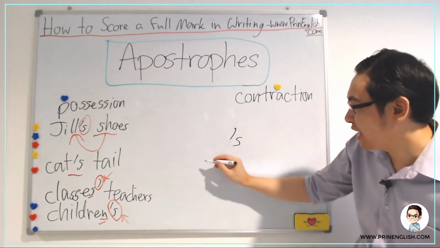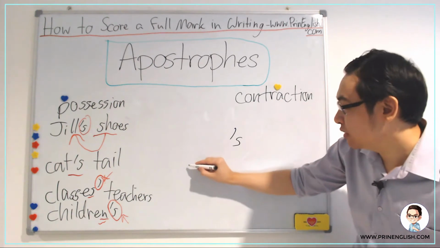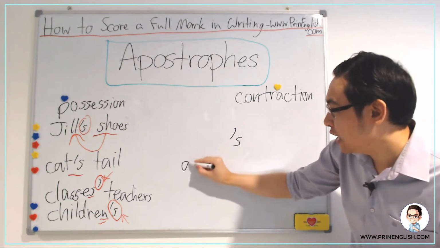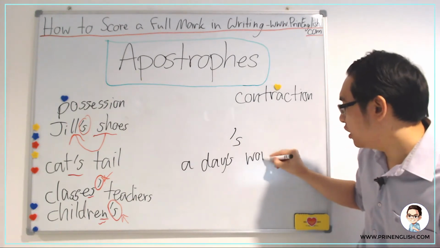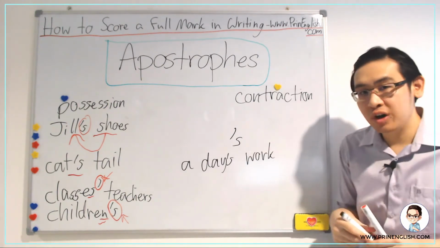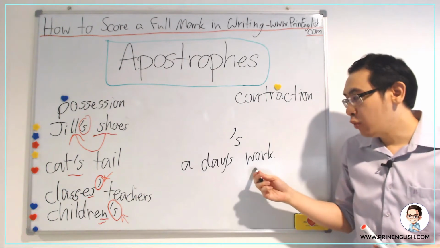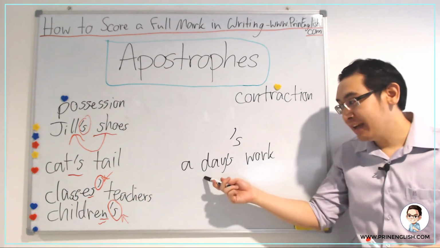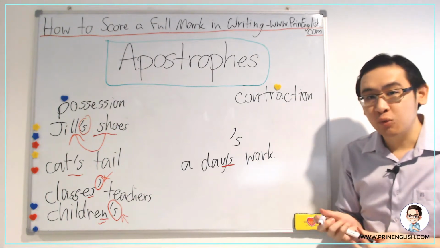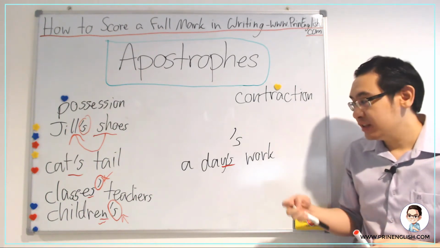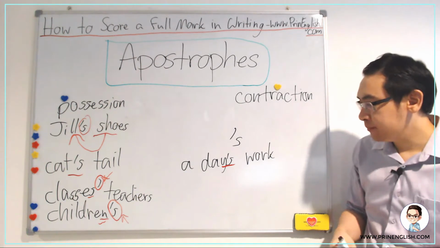I'll show you. So for example, if we are talking about a day's work, okay, a day's work, this is to say that the work takes 1 day of time to do it. We write apostrophe s, so this is how we use apostrophe s with the duration of time.